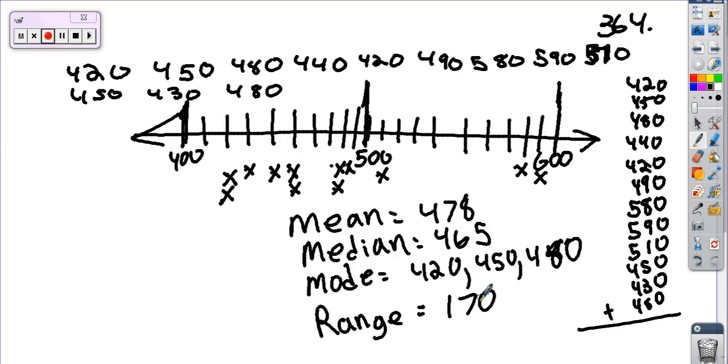The range. I use the range, that's right. D says, which measure would you report to someone who wanted to compute the total amount of electricity used in the year? The mode? How's that going to help you figure out the total in a whole year? Oh, no, that won't.